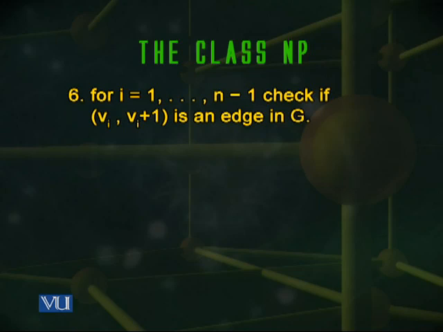So this Turing machine simply guesses a path of length n in the graph. Then it verifies that each vertex in there is distinct, because a path is not allowed to have loops in it, so no vertex is supposed to recur. So it checks if all the vertices are distinct. Then it checks if the first vertex is the source, and then it checks if the last vertex is a terminal vertex.